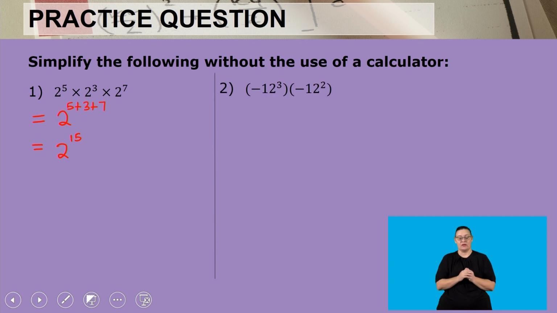Here we have negative 12 exponent 3, multiplied by negative 12 exponent 2. This is the same base being multiplied, so how can we simplify that? We have negative 12 exponent 3 multiplied by negative 12 exponent 2. Because the base is the same, we can add those exponents.